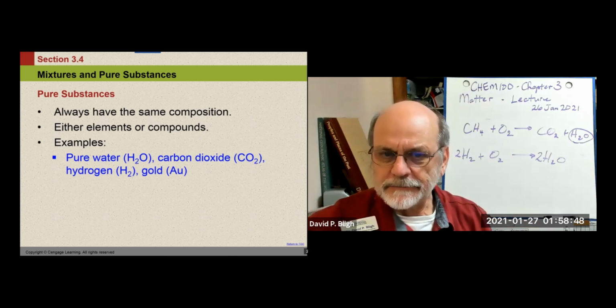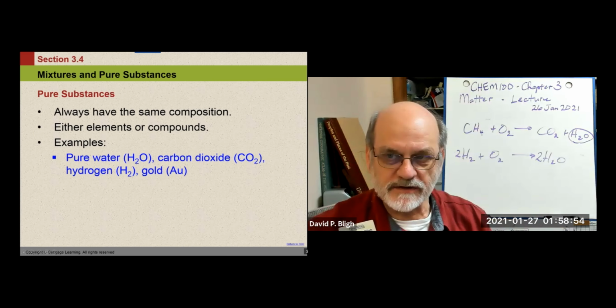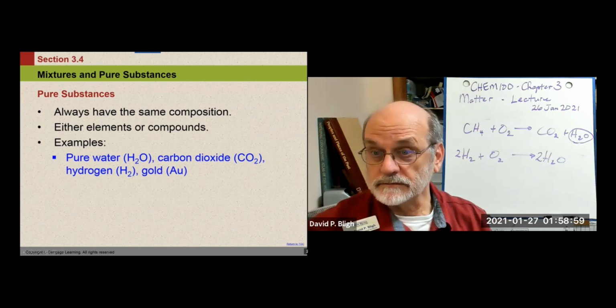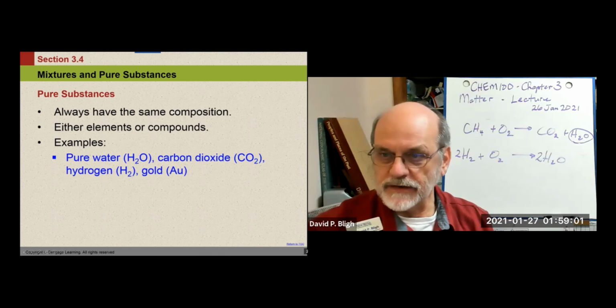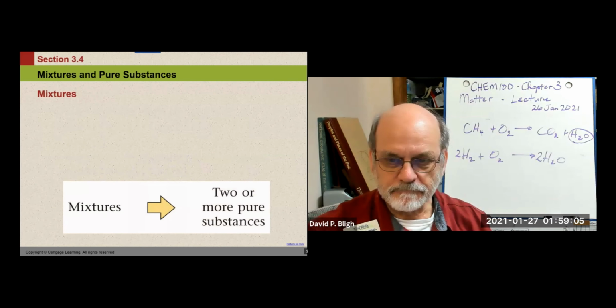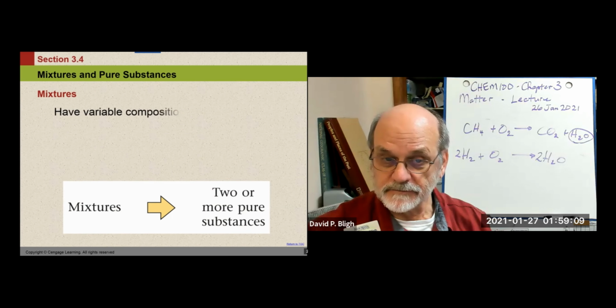Well, once we've identified pure substances, then we can talk about mixtures of those pure substances, which is the dominant form of matter in the universe, is a mixture. So two or more pure substances together will make a mixture.